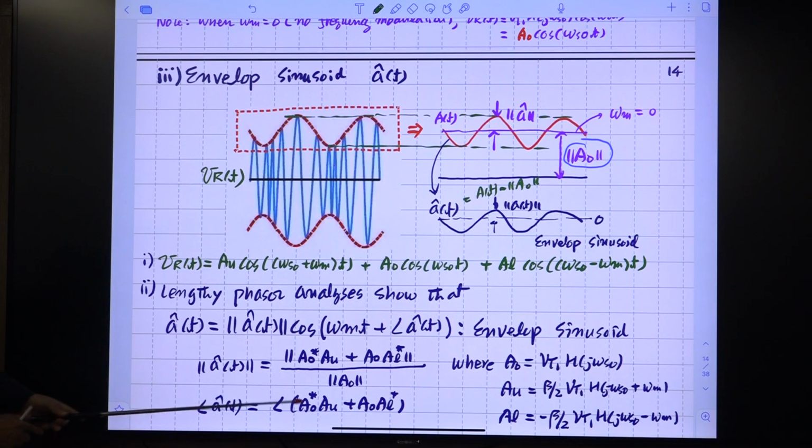But this phase variation is this one. This is the phase of the envelope sinusoid. But you can divide this whole thing by a constant. It doesn't change the phase at all. Right? The phase remains the same because the phase of this DC is 0.